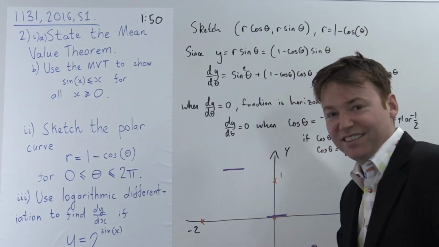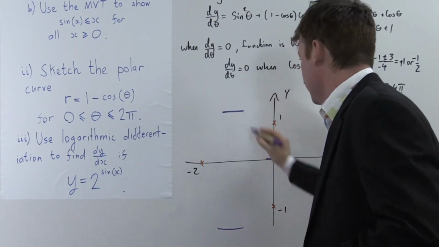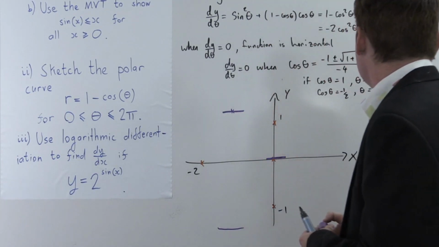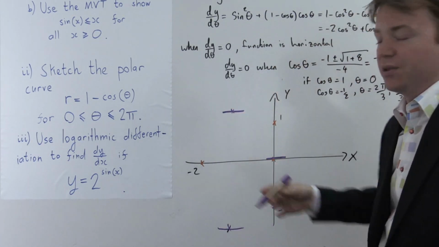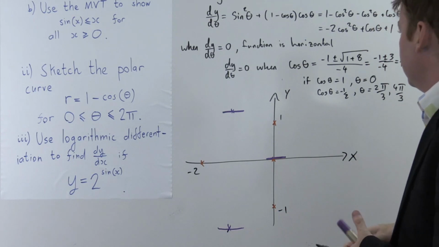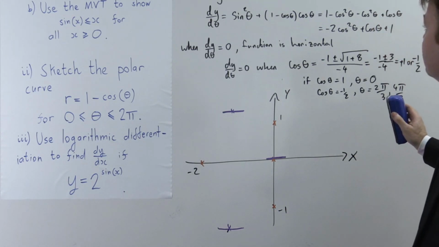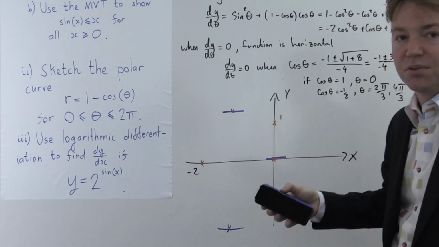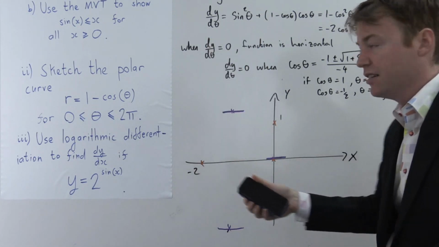So there's some point here with argument 2 pi on 3, and some point here with argument 4 pi on 3. I don't exactly care where it is, I'm just pointing it out. And similarly, I want to find where dx d theta is equal to 0. And these are going to give me the points where the derivative dy dx is undefined.